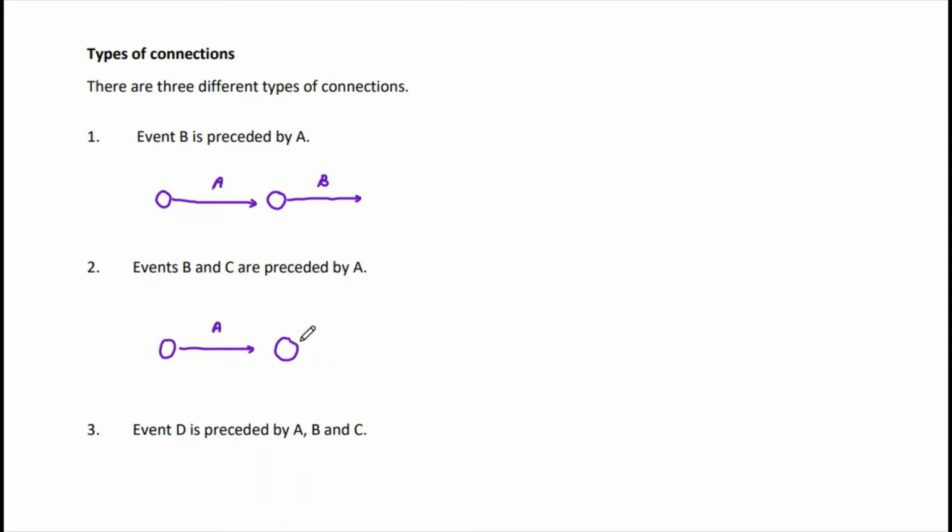They are simultaneous tasks, so one task starts at B and another task starts at C. This is what is meant by events B and C are preceded by A. A finishes, then B and C can be commenced.